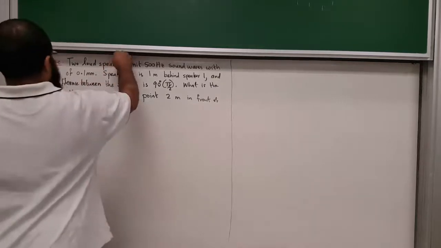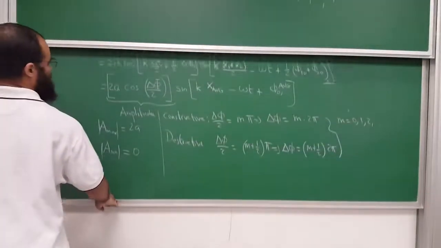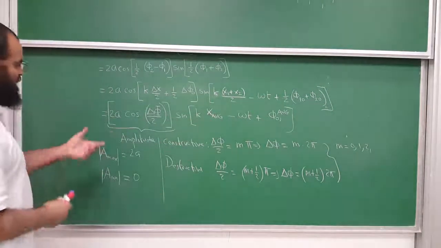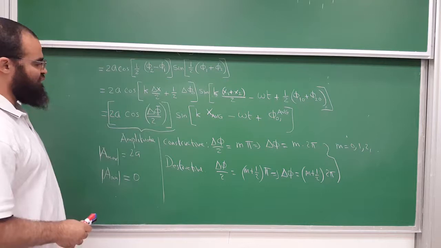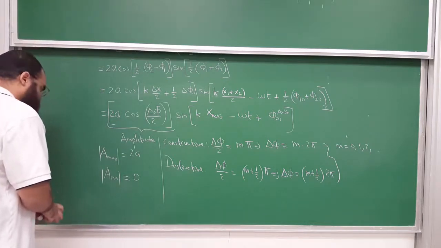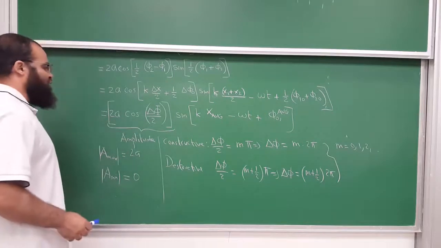Okay, so let's refer back to what I wrote earlier. This is the sound wave. This is the amplitude of that sound wave. The amplitude is 2a cosine of delta phi over 2.